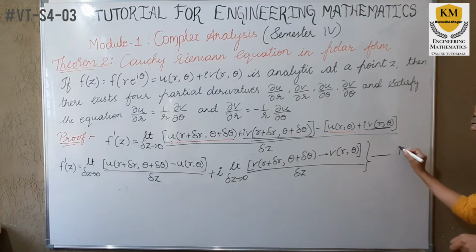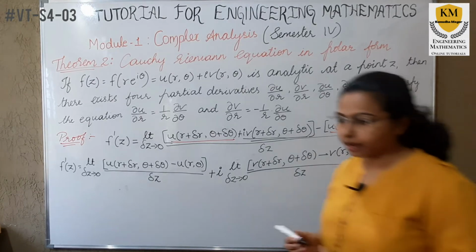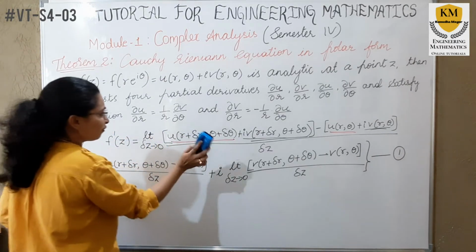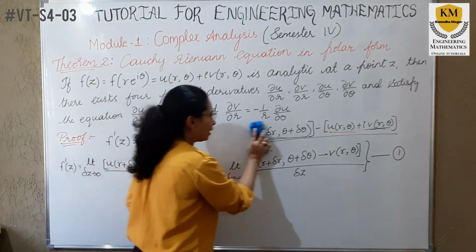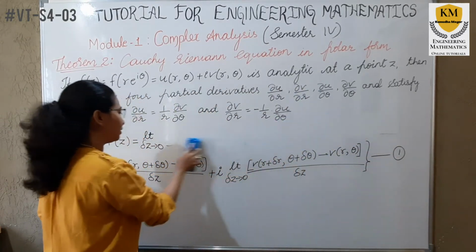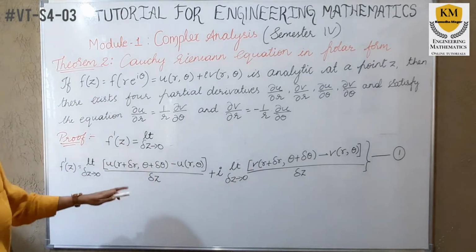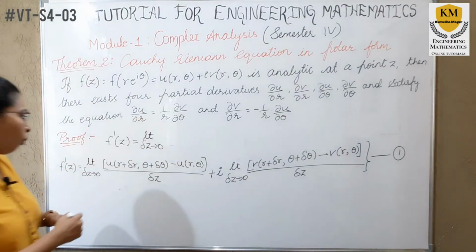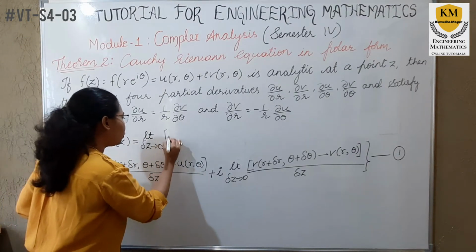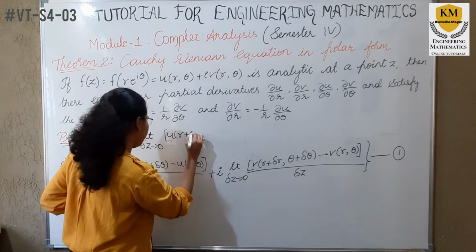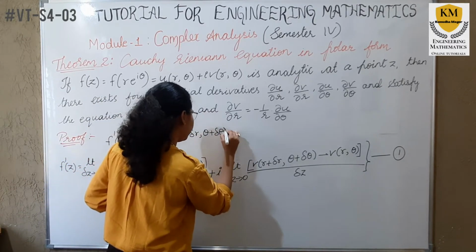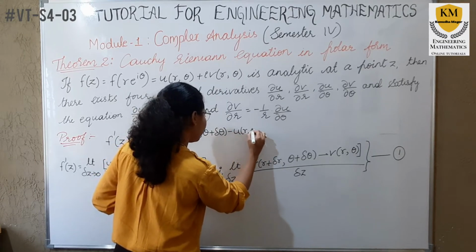That is why I am keeping this as equation number 1. As all of you could notice, we have already done this step even for the Cartesian form. We have done the same procedure for the Cartesian form. I am just keeping this equation back one step ahead as limit del z tends to 0, u of r plus del r comma theta plus del theta minus u of r comma theta, which is there in the polar form.